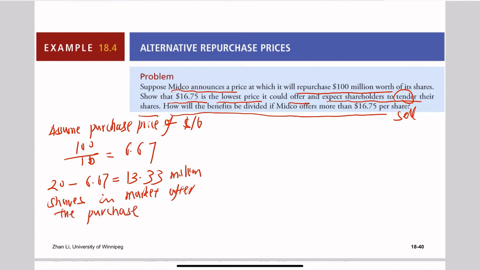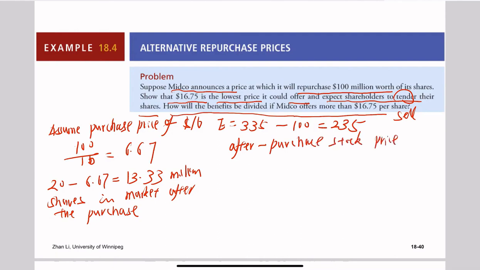Now, what is the price of these 13.33 million shares? We know the firm's value will increase to, sorry, 335. And after paying out $100 million, the firm's equity value would be 235. So the after-purchase stock price will be given by the total value of the stock divided by the number of shares.